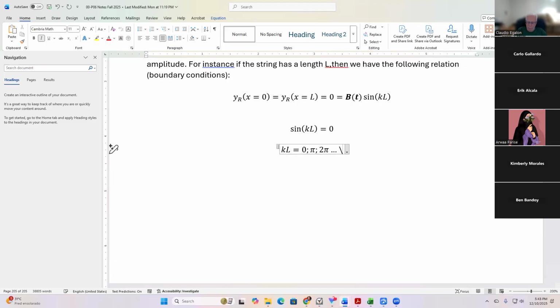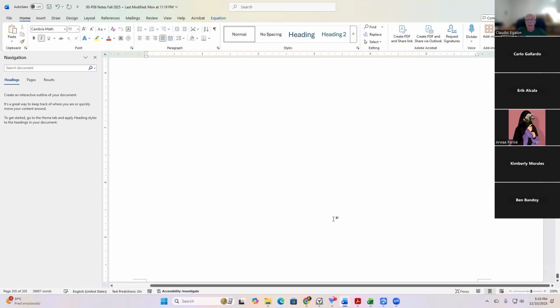It should be n times pi, where n is equal to 0, 1, 2, 3, like that.